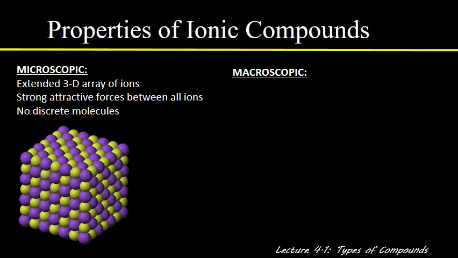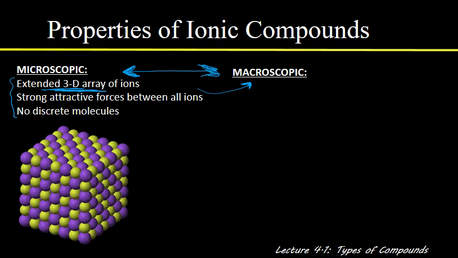All right, so we said before that one of the things we wanted to be thinking about is the relationship between microscopic and macroscopic representations, how the particular bonding structure corresponds to or causes, I guess I'd say, the macroscopic properties that we see. So for all of these ionic compounds, they are a three-dimensional array of positive and negative ions.